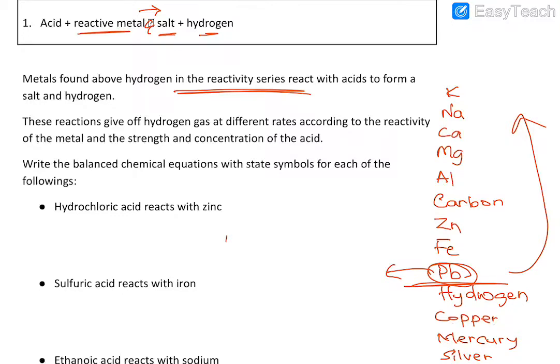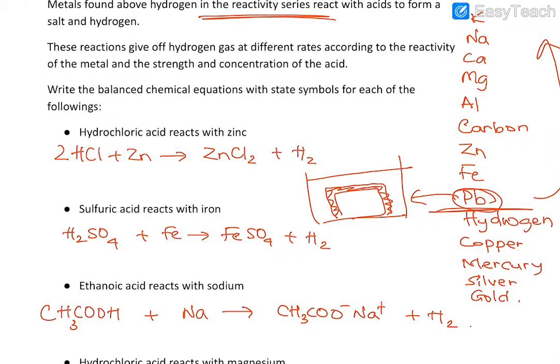So let's say you have a piece of lead put in a solution of an acid. The reaction will start, but the layer of lead salt which is formed is insoluble, and this insoluble layer will prevent the lead from reacting any further. So verify your equations now. You have salt plus hydrogen, salt plus hydrogen.